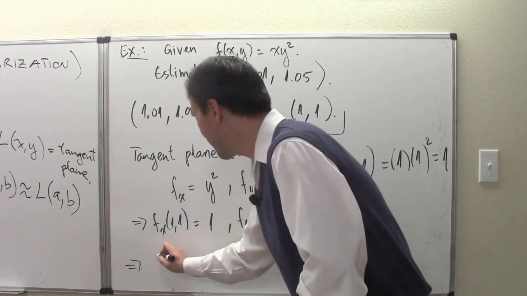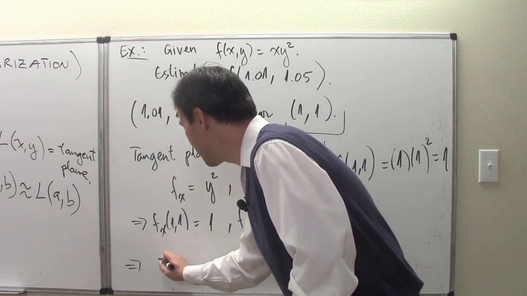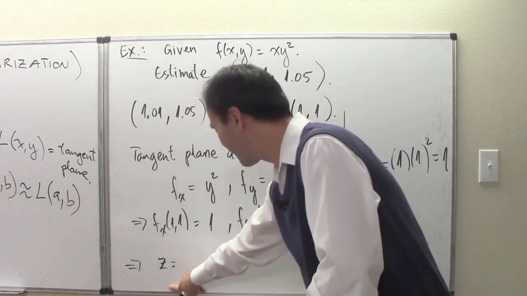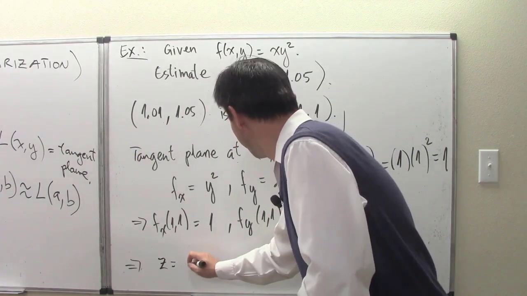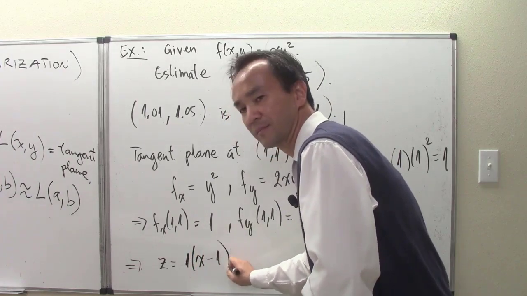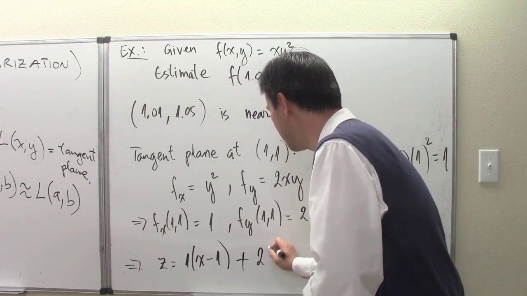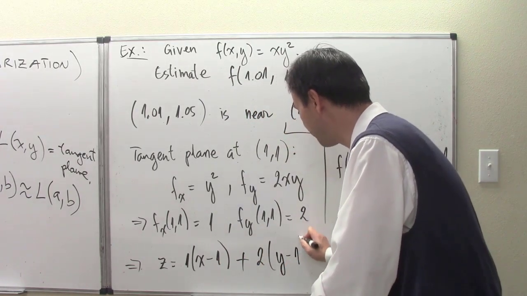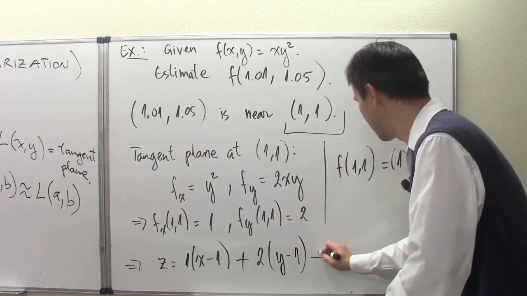So the tangent plane here, right from that formula we've learned earlier, z equals 1 times x minus 1, plus 2 times y minus 1, and then plus 1.